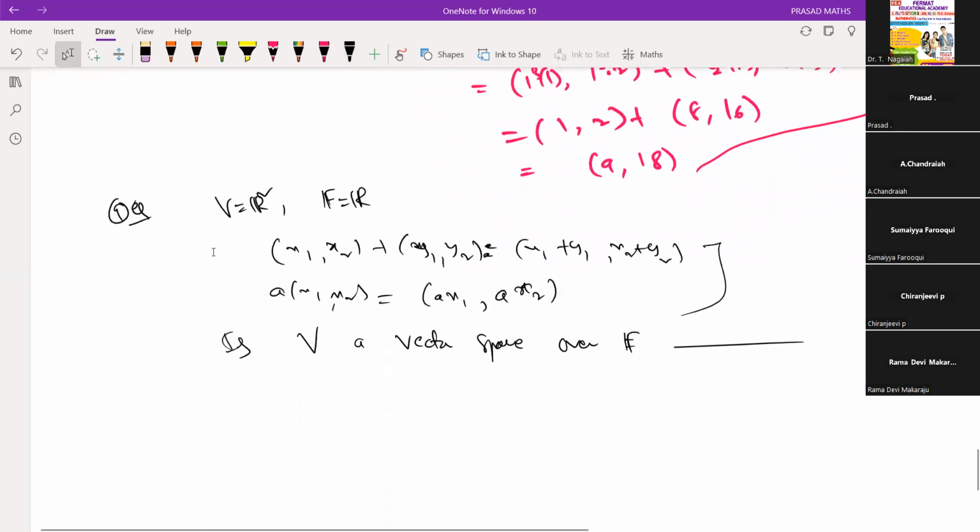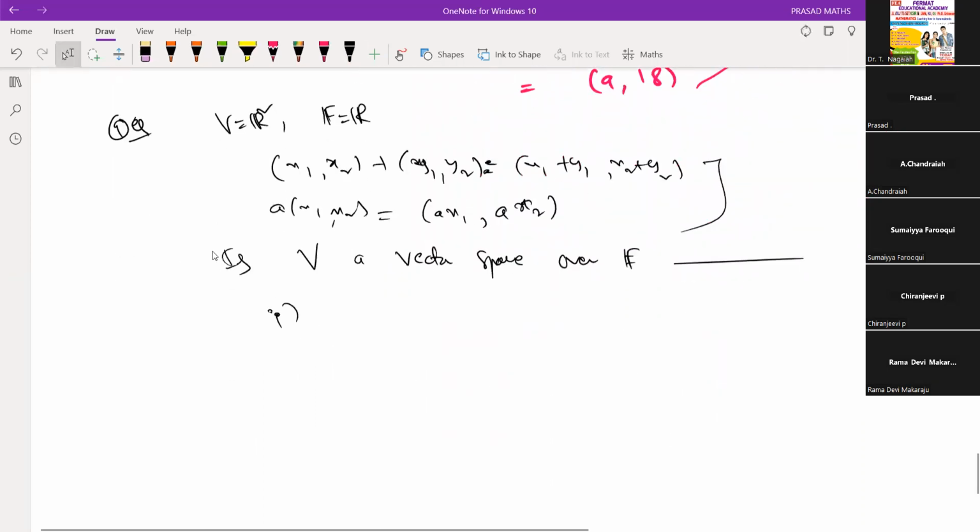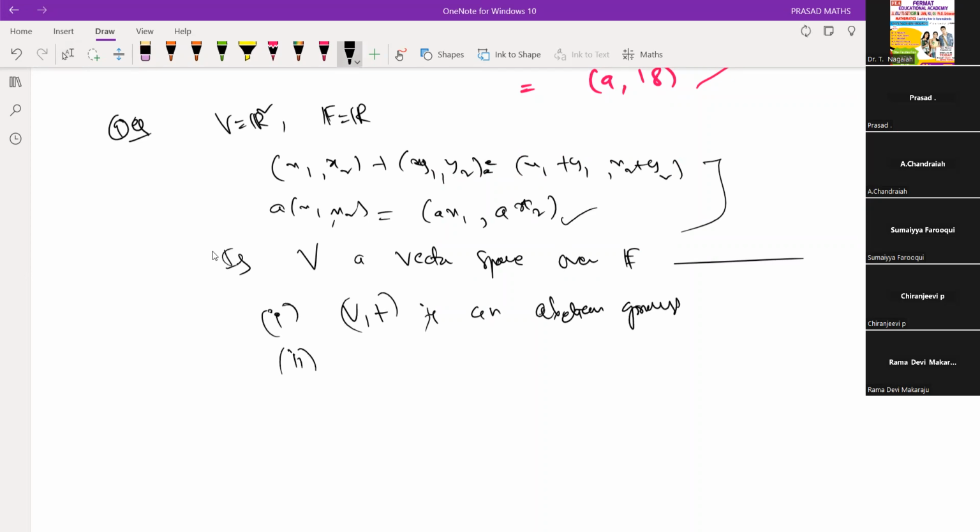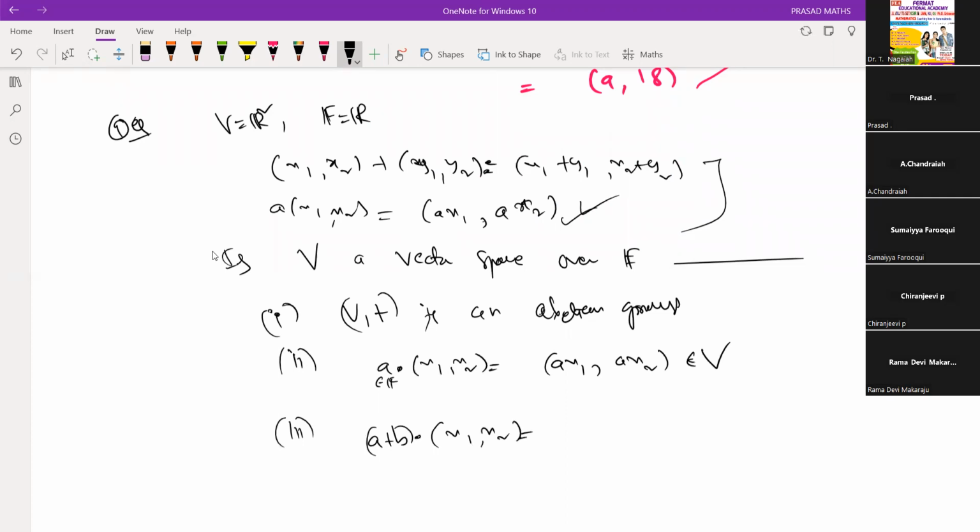Yes, sir. All the properties you need to check. Already we have seen the first property; we have checked it's an abelian group, no doubt. What is my second property? Automatically it satisfies scalar multiplication, because we take any scalar and a vector, and the result is also a vector. What is the third one? We take any two scalars, (a plus b) into (x1, x2). What is the definition? (a plus b) into x1, (a plus b) into x2 by definition.